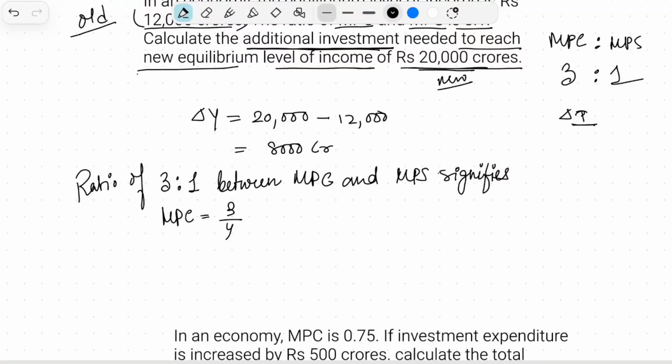If the ratio is given 3:1, what will be the denominator? We add 3 plus 1 and we get a denominator of 4.